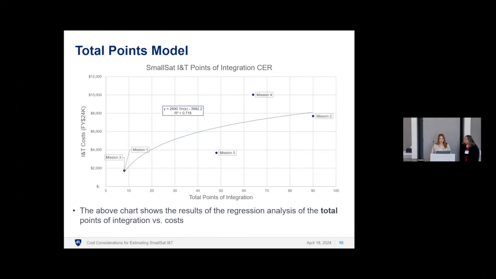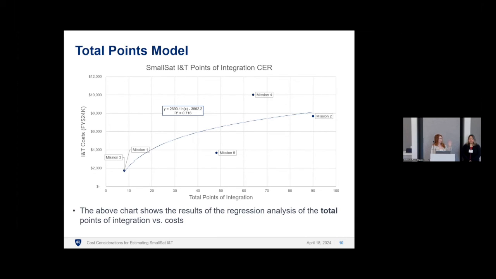All right, so looking at the total points model first, you see we used a logarithmic model since this assumes a learning curve. So looking at total points on the x-axis to predict INT cost on the y, you see an R-squared of 72%, which is pretty strong. Compared to the previous INT work that was done, looking at all size satellites, that had a higher R squared, and all the missions were represented well.